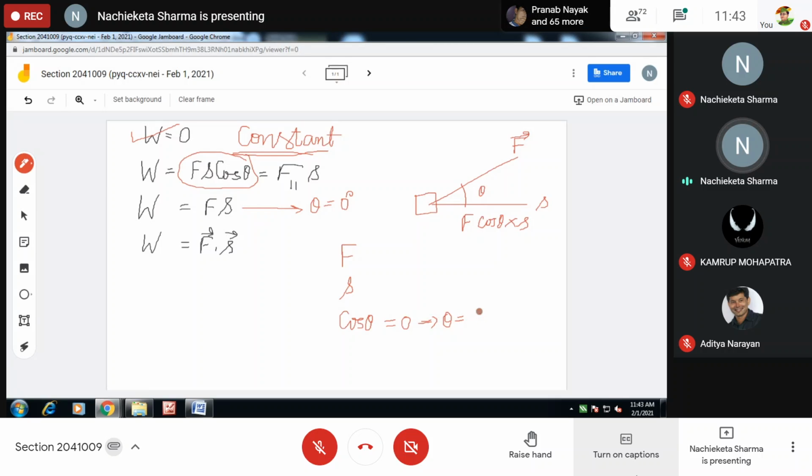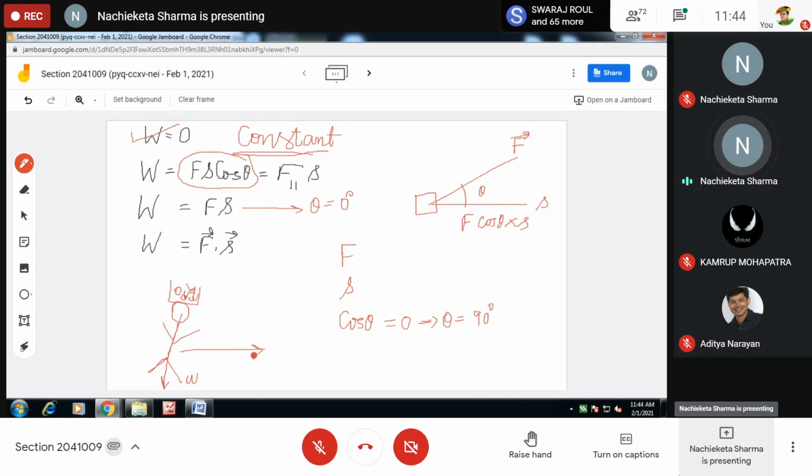So what are the situations? Let us go for a situation. Suppose a person is carrying luggage on his head, something like a basket full of mangoes, let us assume. The weight is acting vertically downwards and he is moving in this direction.